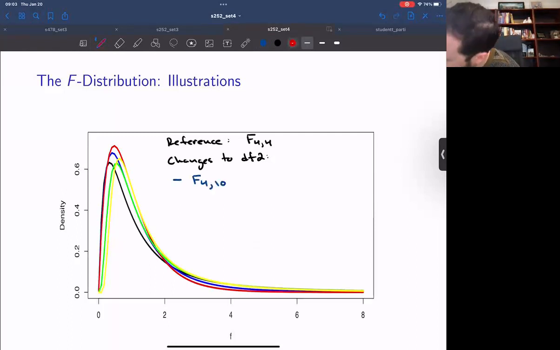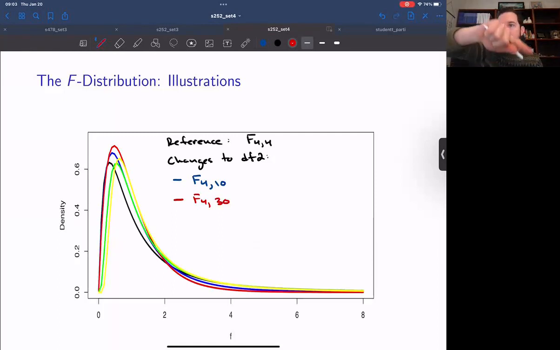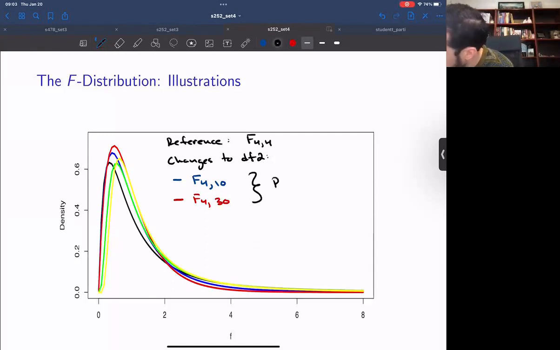The next curve is an F on 4 and 30. What we can notice here is that when we change the second degree of freedom, you can see that the peak is coming up and the tail is coming in. So this is peak up, tail in.